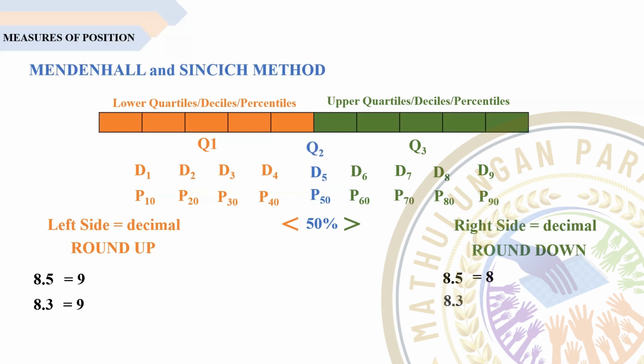On the other hand, if the computed value natin ay 8.3, ang ilolocate pa rin natin na value ng position is still 8. Since ang computed value natin ay nag-fall sa upper quartile or upper decile or upper percentile, wherein we are going to round down regardless of the value ng ating decimal.